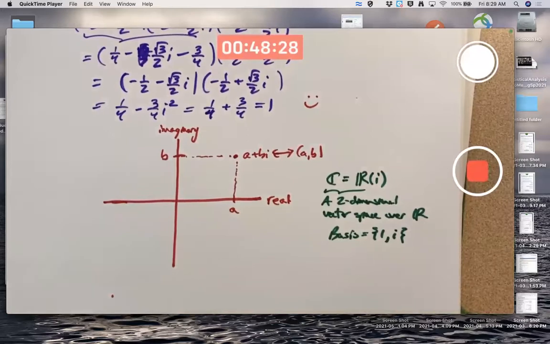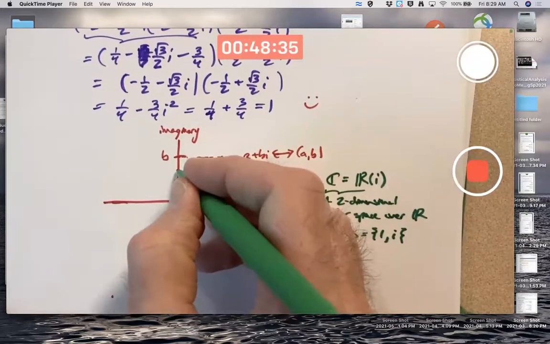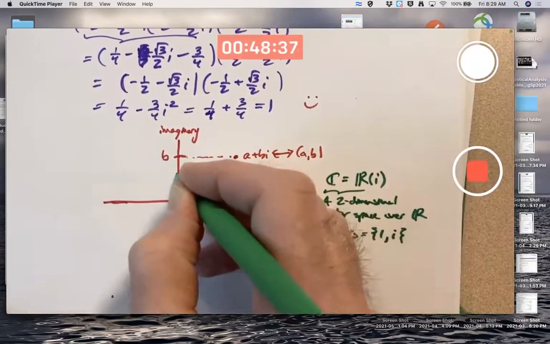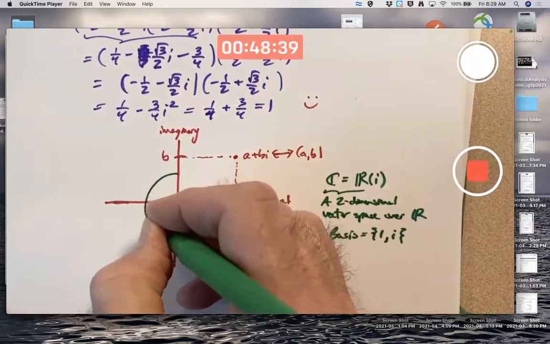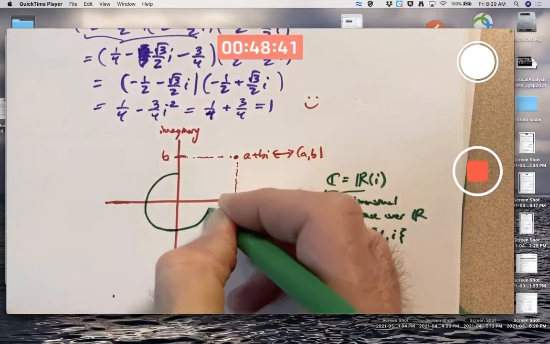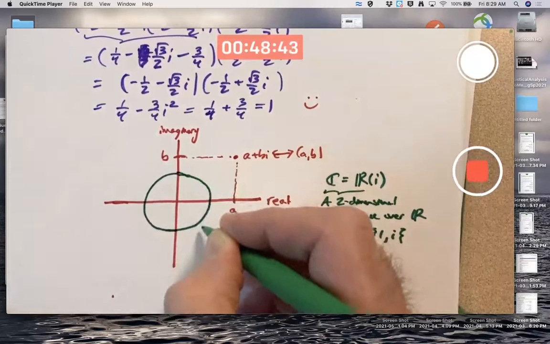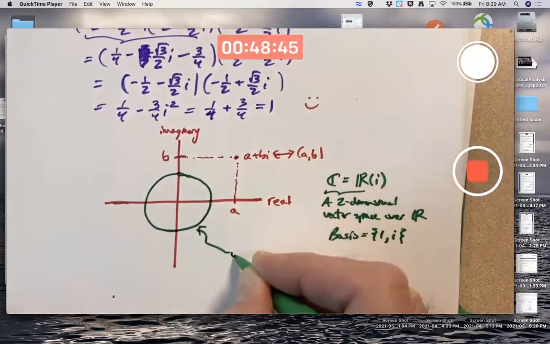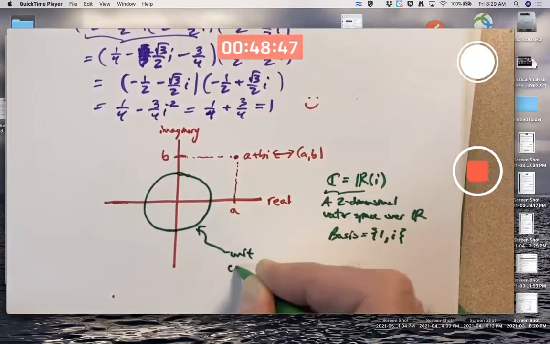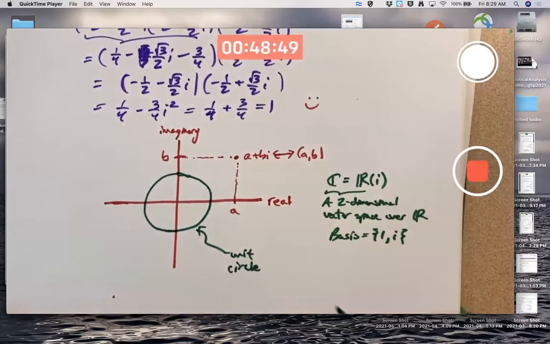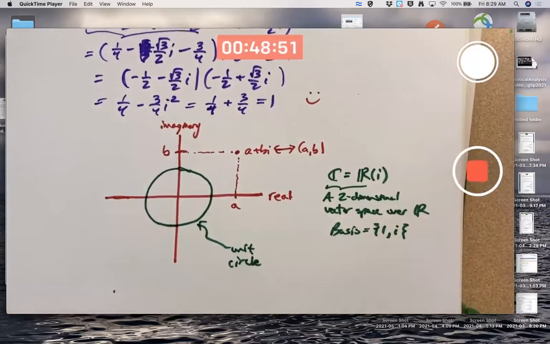Where are the cube roots of unity in this picture? They're on the unit circle. This is the unit circle. Radius 1 centered at the origin, and the origin, by the way, does represent the number 0.